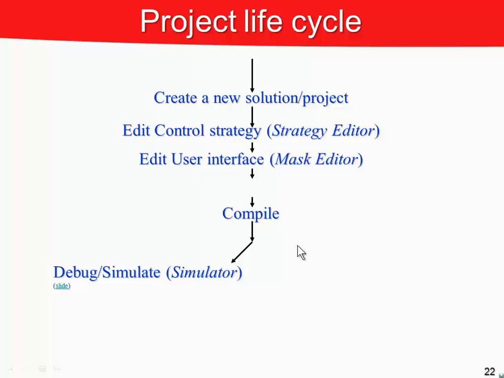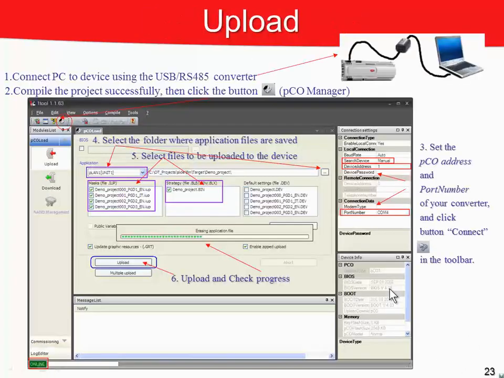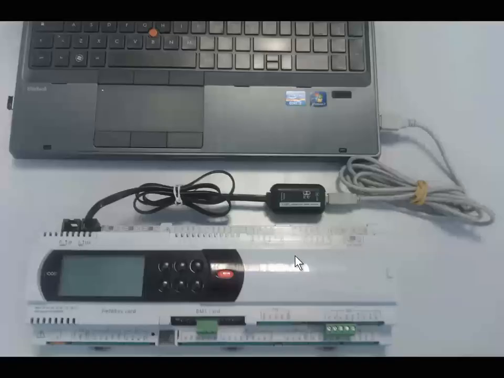Well, the next part is upload. So now we can upload and test the project directly in a real physical target, the Pico. You can see that there is a link to a slide with all the steps to upload the controller. First of all, you have to connect the Pico to the PC. So you have to disconnect the terminal, if you use it, and connect it to the PC through the converter. Well, here it is bigger.